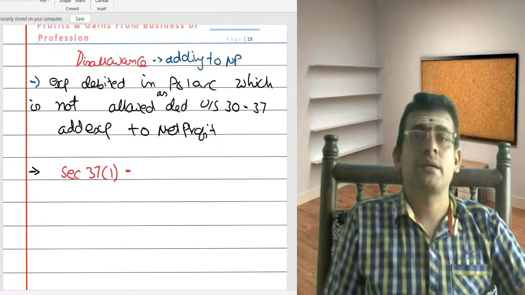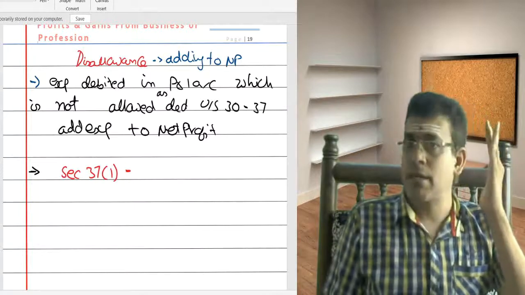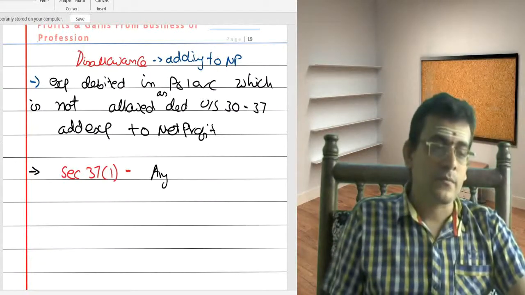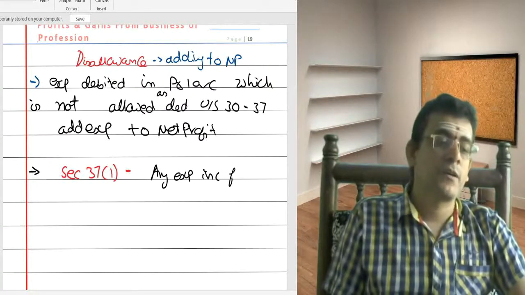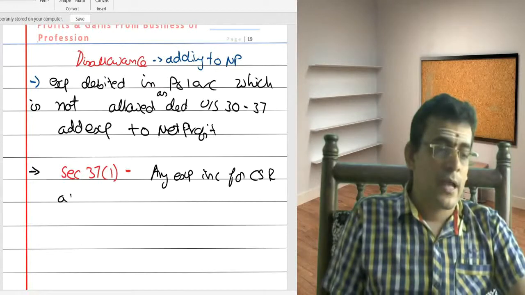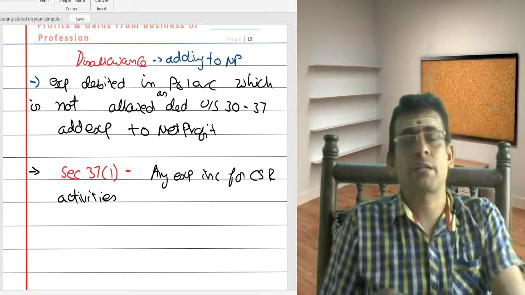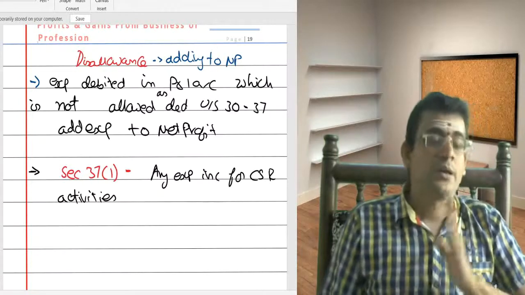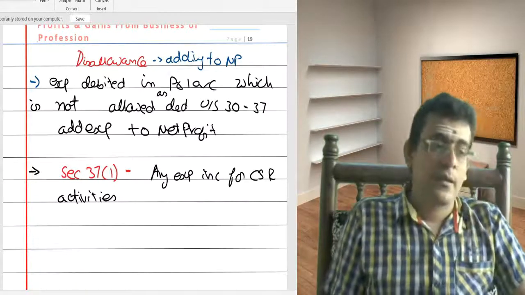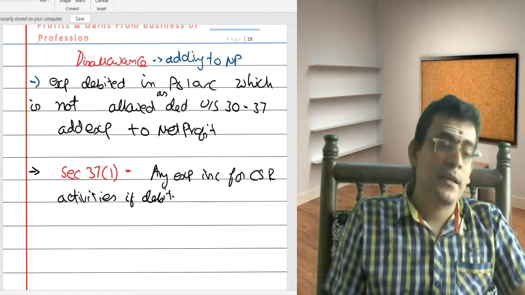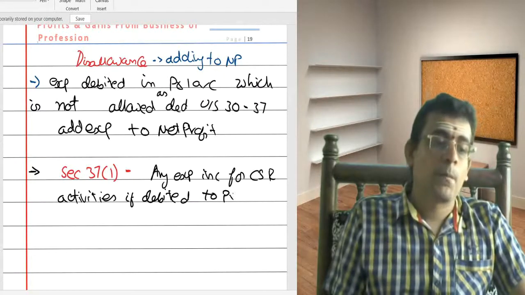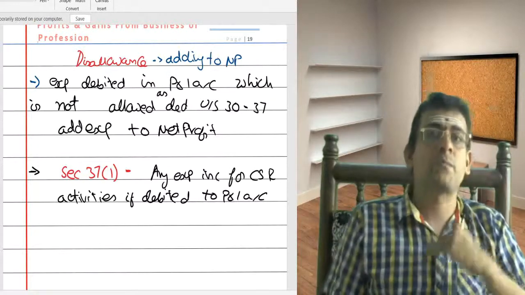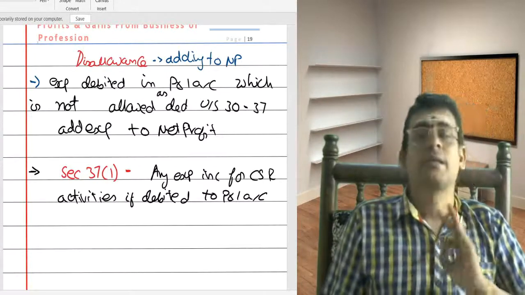The Act clearly says that whenever any assessee incurs any sort of expenses for corporate social responsibility, that is, expenses incurred for CSR activity, as per the Companies Act, and if such expenses are debited to the profit and loss account, then what do I have to do?